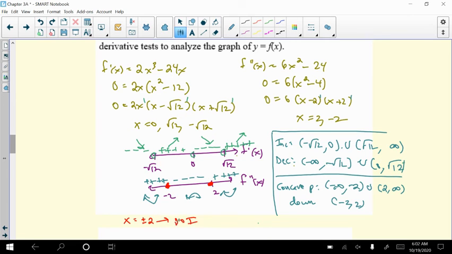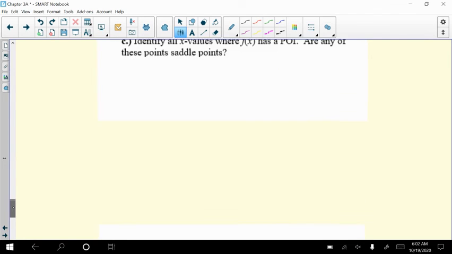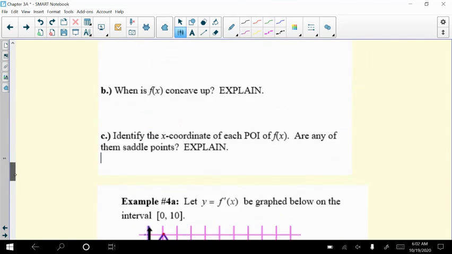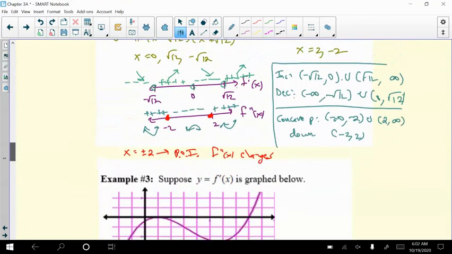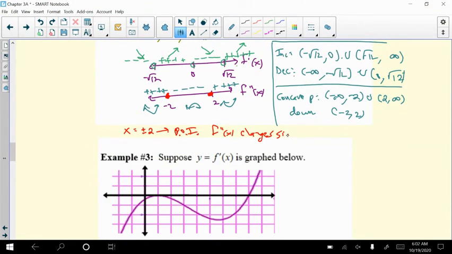And how do I know that those are points of inflection? F double prime of x changes signs at c equals 2, c equals negative 2, or x equals 2, x equals negative 2.